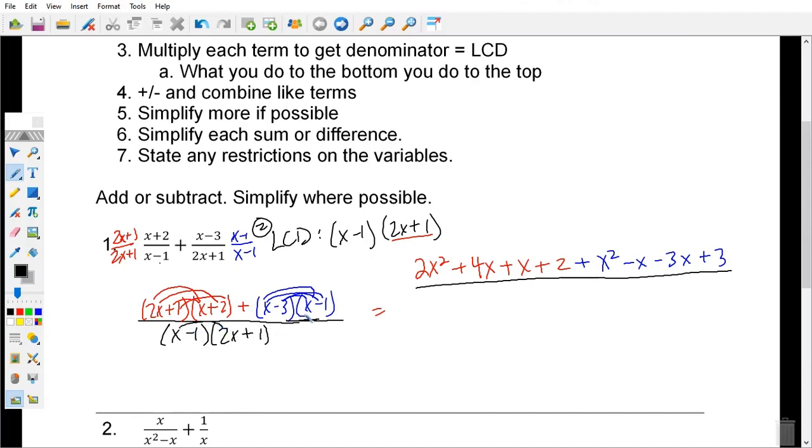So we have x times 2x is 2x squared. We have x times 1 is x. Negative 1 times 2x is negative 2x. And then negative 1 times 1 is negative 1. So we've now completed step 3. We've multiplied everything out. Step 4 says we're going to do what?